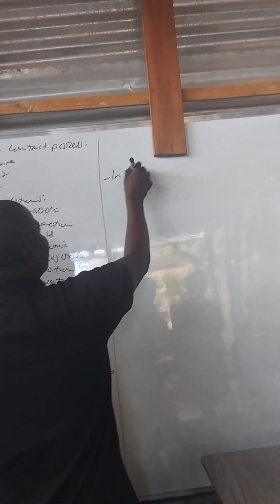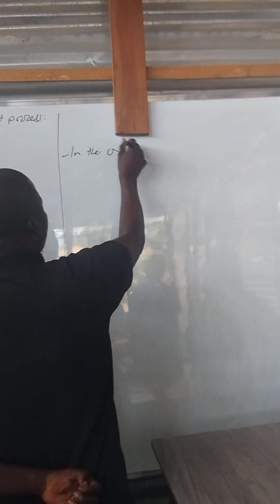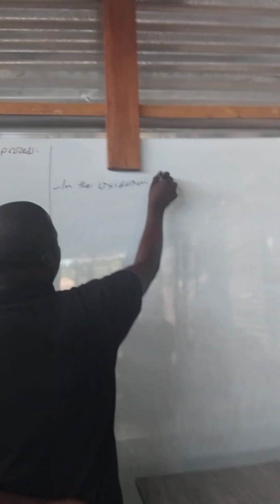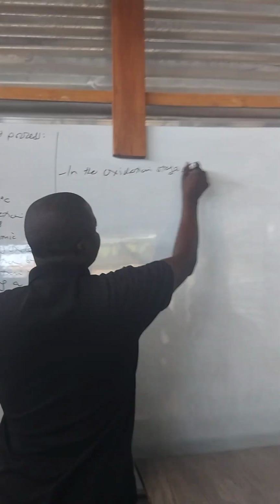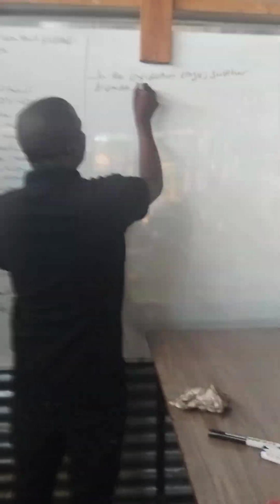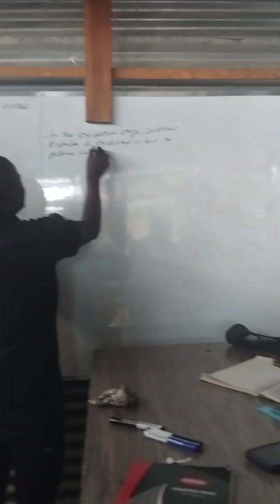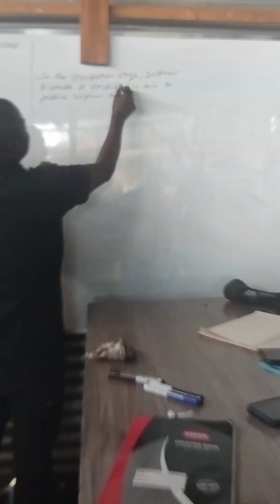In the oxidation stage, sulfur dioxide is oxidized in air to produce sulfur trioxide.